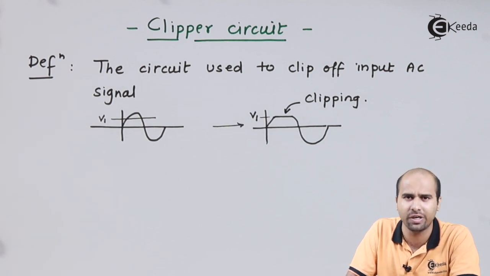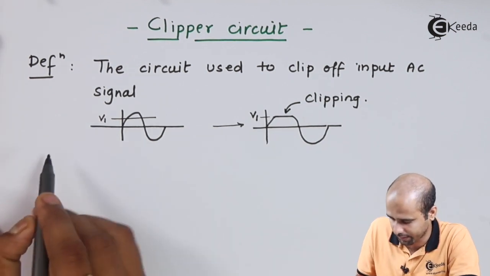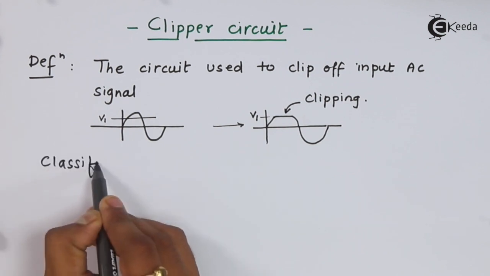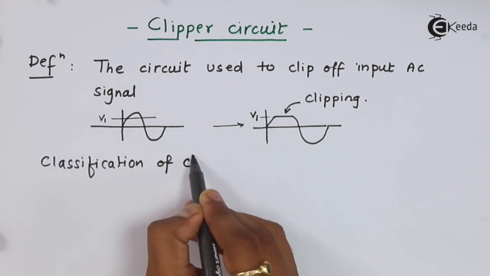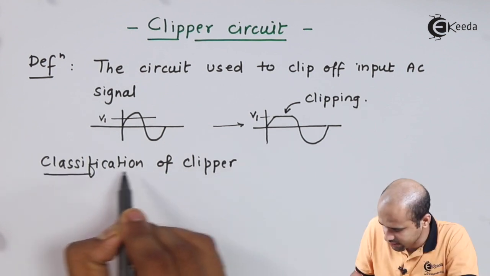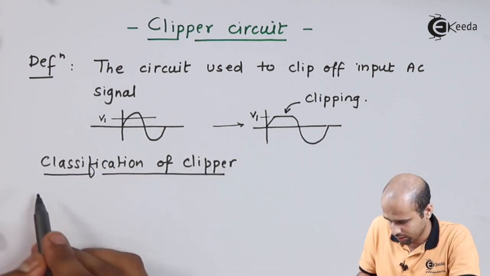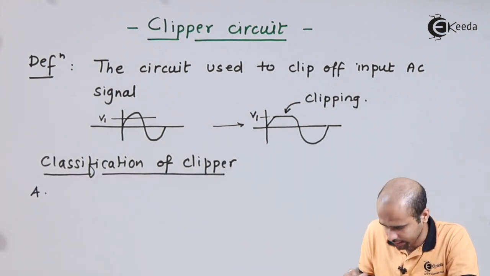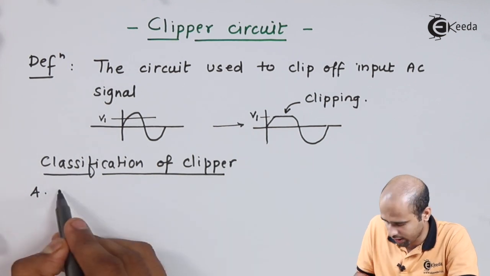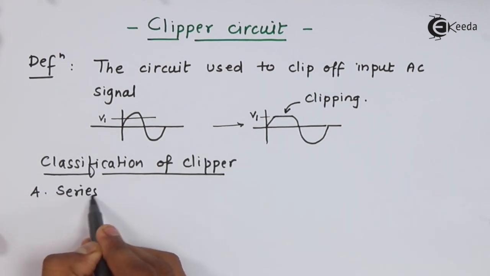Let's come to the point of classification of clipper circuit. Do we have so many circuits? Yes, we have so many circuits for clipping. Classification of clipper. First part, A, is called series clipper.